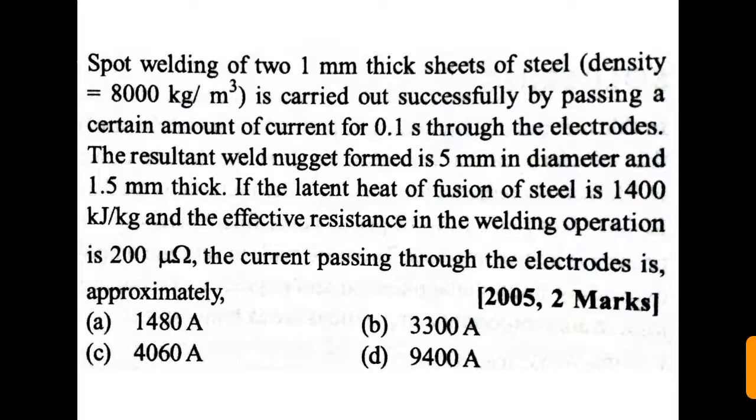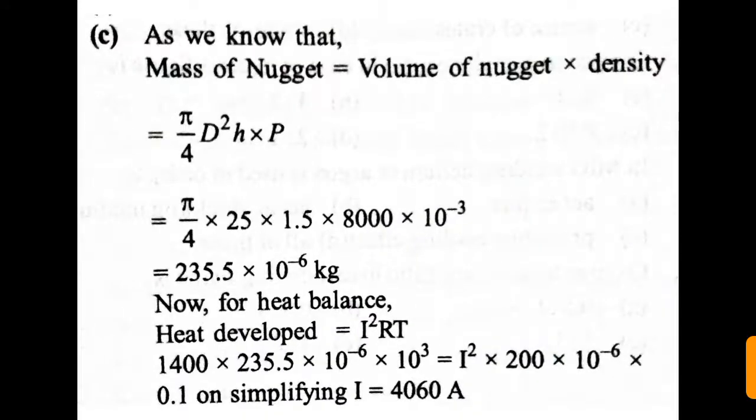So how can we solve this question? They are given the latent heat of fusion of steel as 1400 kilojoule per kg and the diameter and thickness. As you know, mass of nugget equals volume of nugget times density. They are given the density, and we can calculate the volume of nugget as pi by 4 d square h.